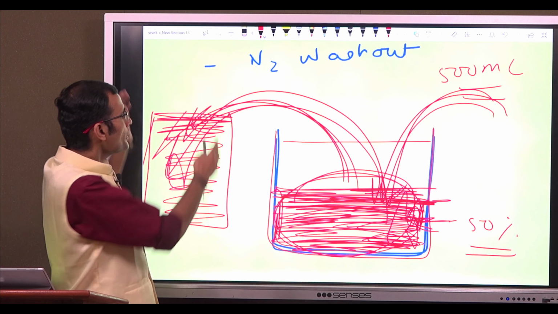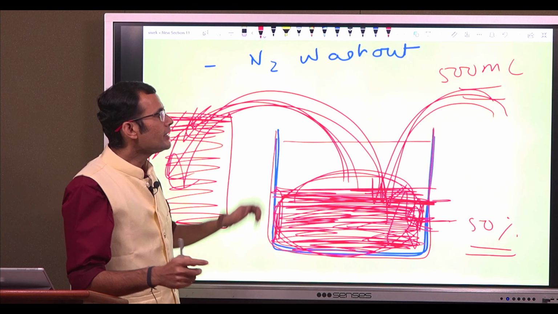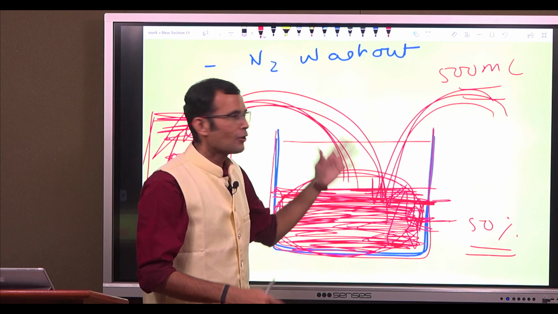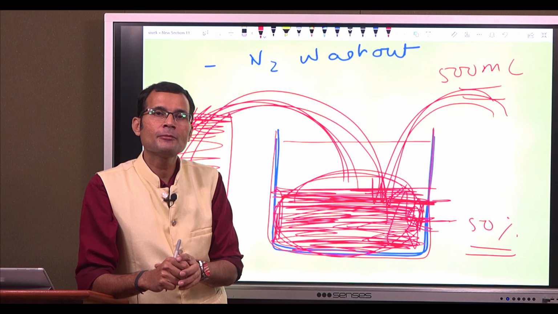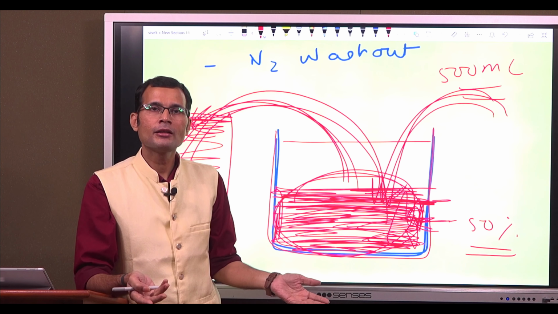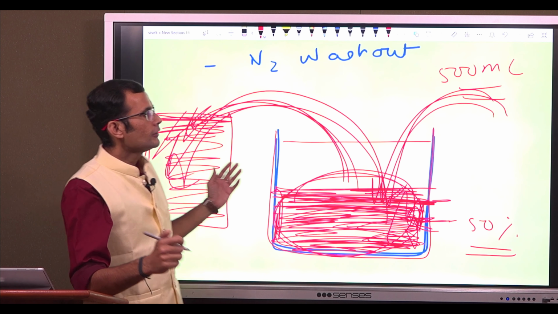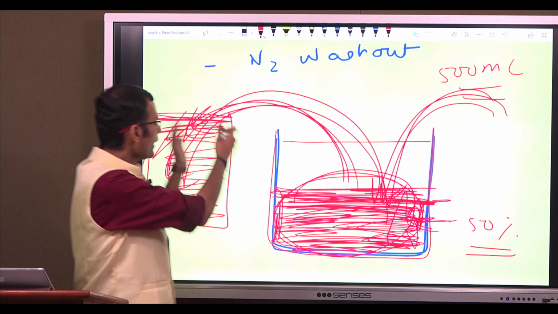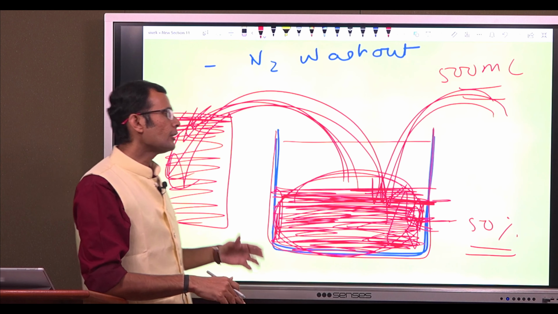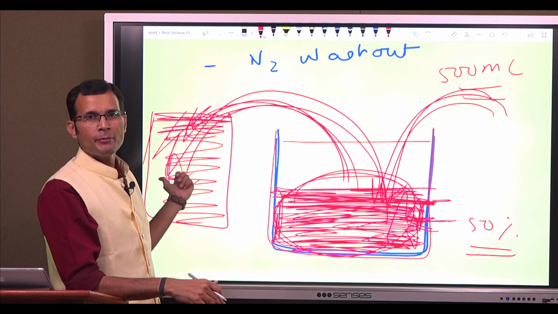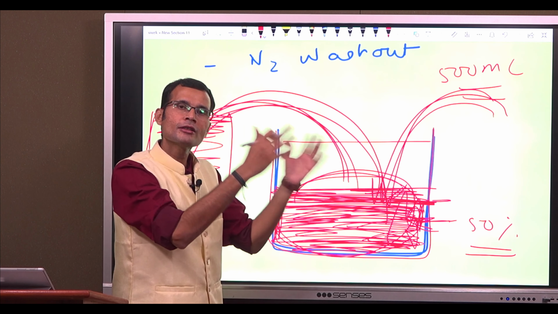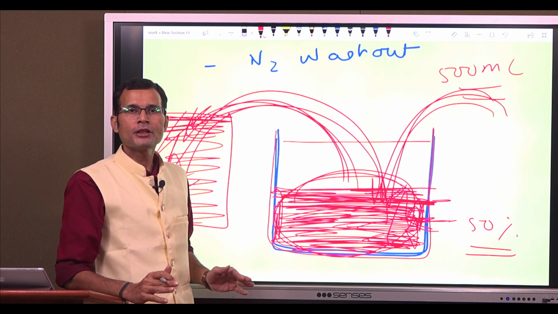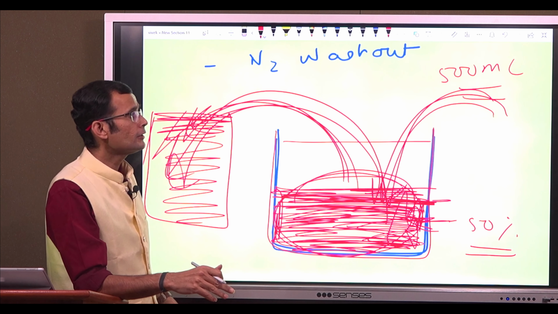And if it turns out to be 800 ml, that means the residual volume which we are measuring is 1000 ml. I mean, 80% of 1000 is 800 ml, isn't it? So if 80% is 800 ml, that means the entire volume was 1000 ml. That is the basis for this particular method, the nitrogen washout method.